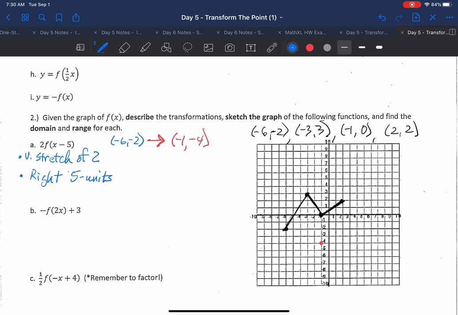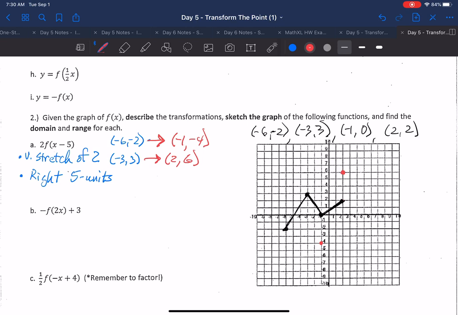Then I would take (-3, 3) and transform that using my new rules. Vertical stretch of 2, 5 right. What is -3 plus 5? It's 2. And what's 3 doubled? It's 6. So the next point is (2, 6).